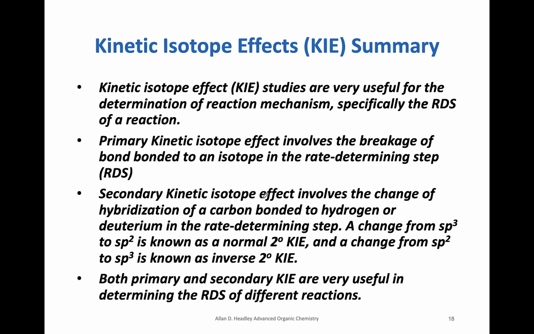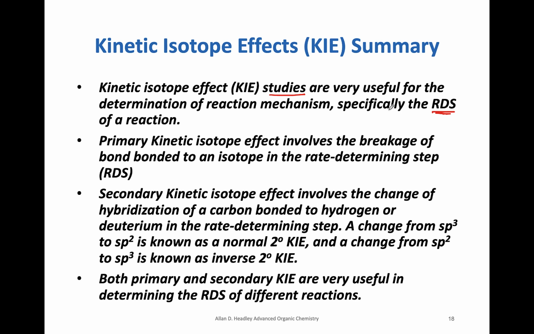So for this lecture, let's just do a quick summary. So the first is that the kinetic isotope effect studies are very important and useful in determining reaction mechanisms, specifically the rate determining step. So from here on out, whenever you propose a mechanism, you will be asked to indicate the rate determining step.